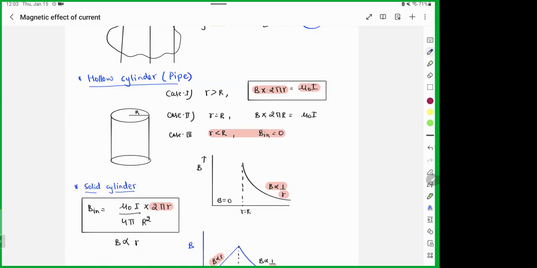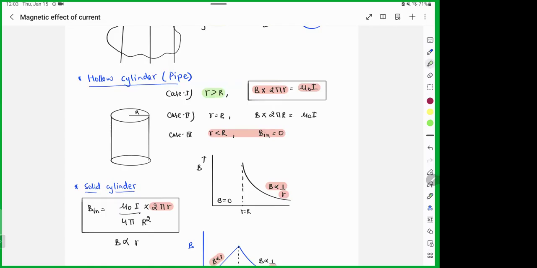Hollow cylinder. Example, if you take a hollow cylinder and your point P is at a distance more than the radius, the surface magnetic field will be zero. Why?